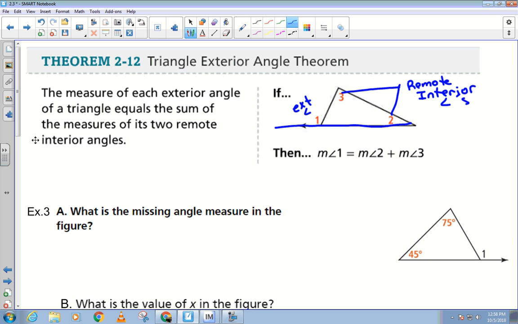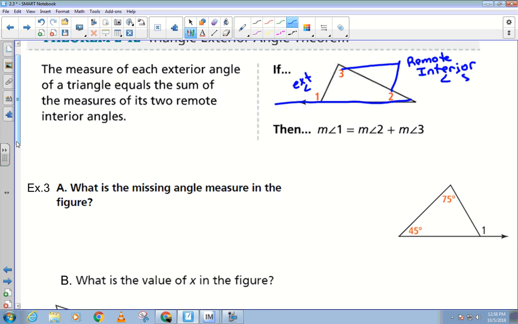So, in this next example, to find angle 1, what would I do? Okay, these are my remote interior angles right here, aren't they? So I would do 75 plus 45, which is going to be 120. Okay, so this angle right here is 120 degrees.